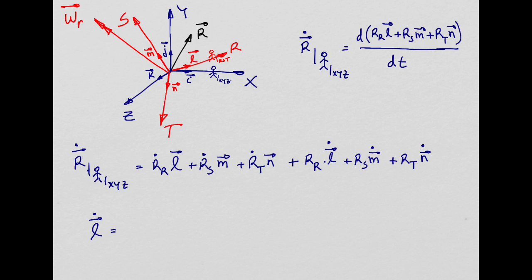Well, how can I calculate that speed? I can calculate it because I know that this coordinate system in red is rotating with this angular velocity, WR, circular motion, right?